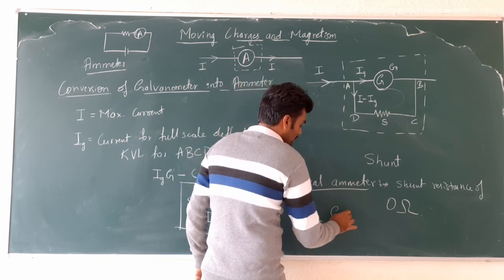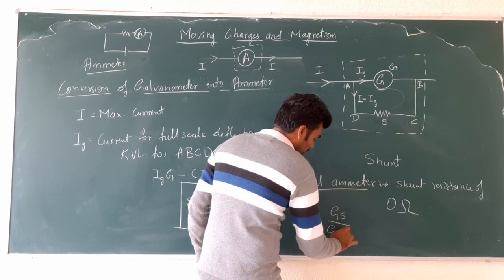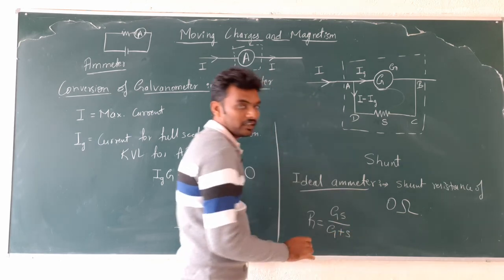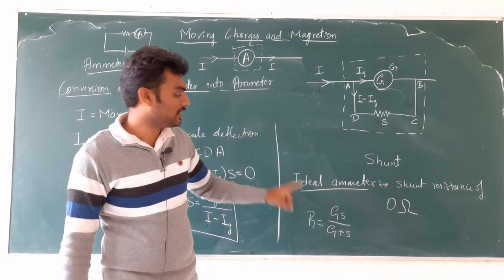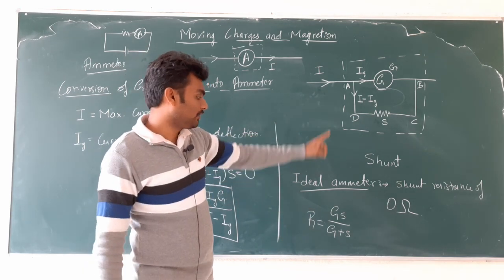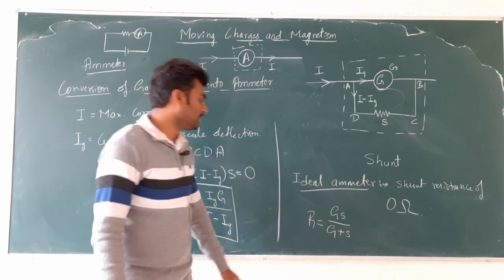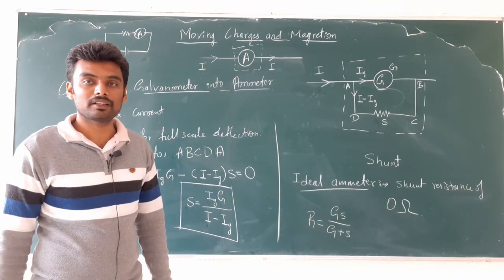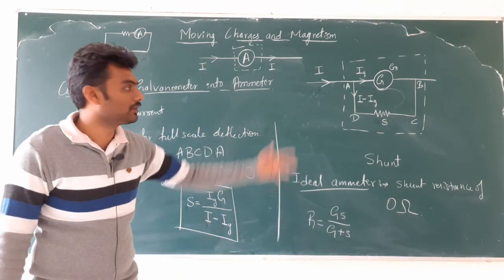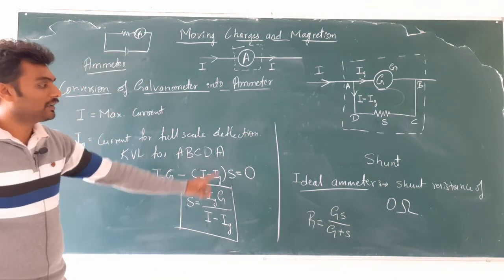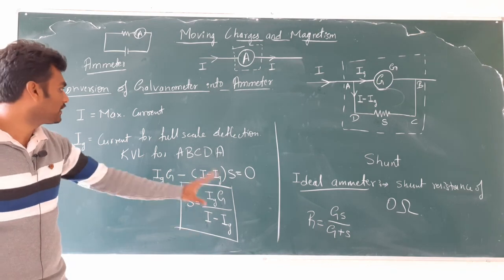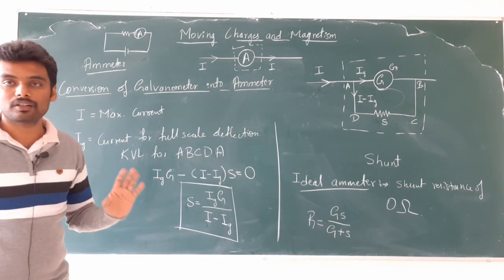You all know that G S by G plus S, right? So this is the effective resistance of the given ammeter, where G is the resistance of galvanometer and S is the resistance of shunt resistance connected. Very simple, R1 R2 by R1 plus R2, because they are in parallel. So this is where the derivation stops, and those are the special cases and the other points. I hope you are clear with this.